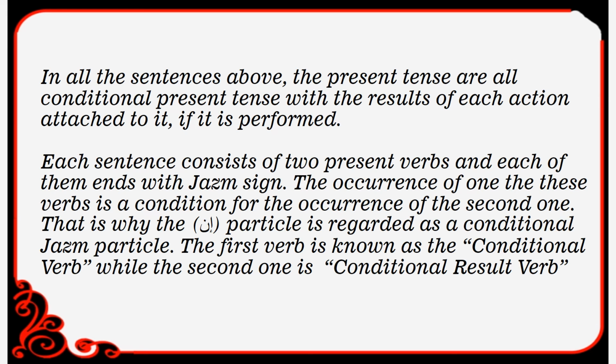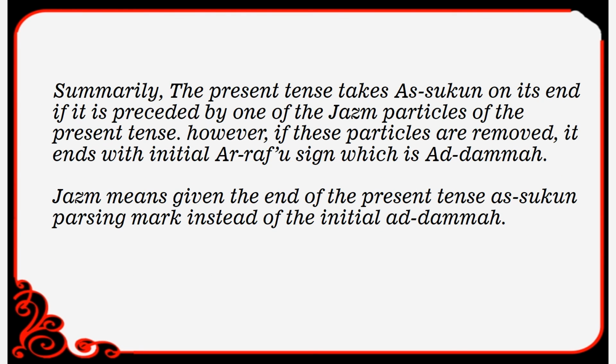Each sentence consists of two present tense verbs and each of them ends with jazm sign. The occurrence of one of these verbs is a condition for the occurrence of the second one. That is why the in particle is regarded as a conditional jazm particle. The first verb is known as the conditional verb while the second one is known as conditional result verb.